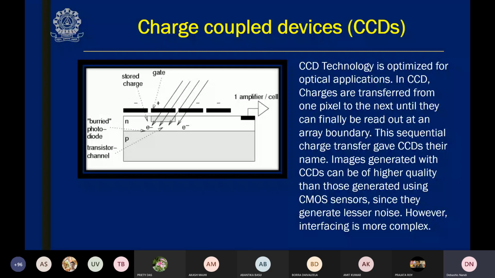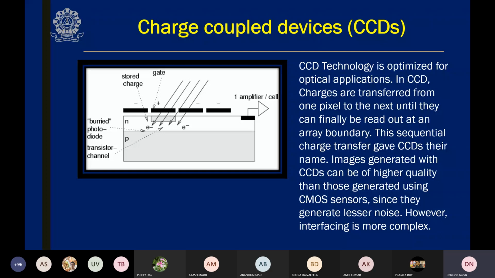So this particular technique is utilized here for storing the image information. So it will actually store the charges, and the amount of charge will be dependent on the light intensity.